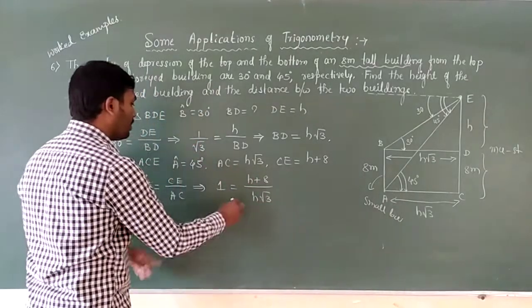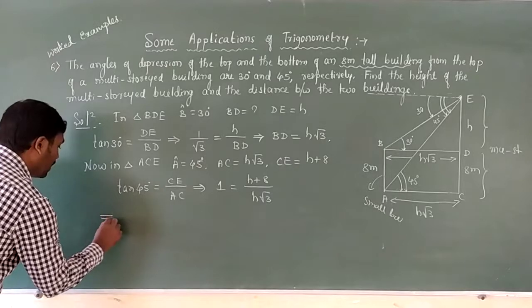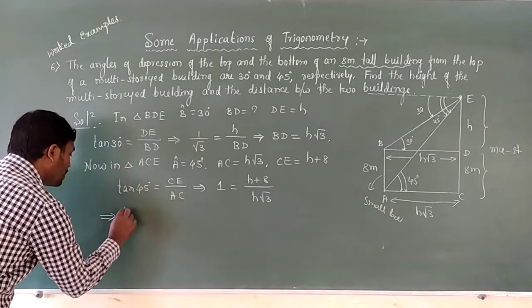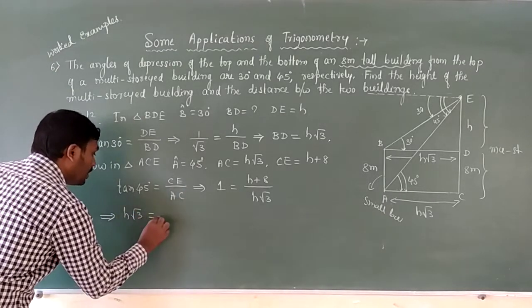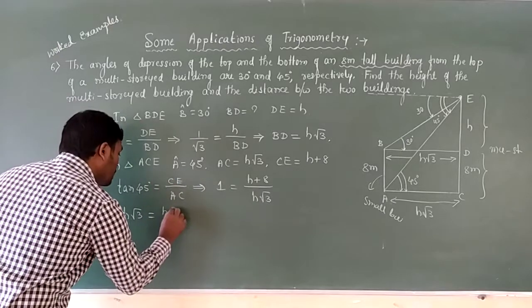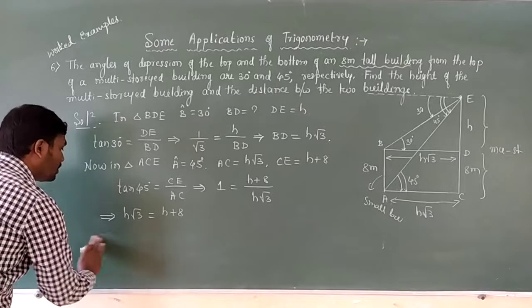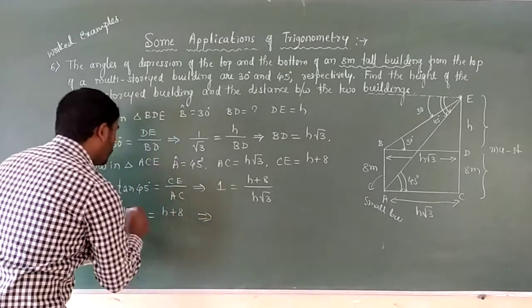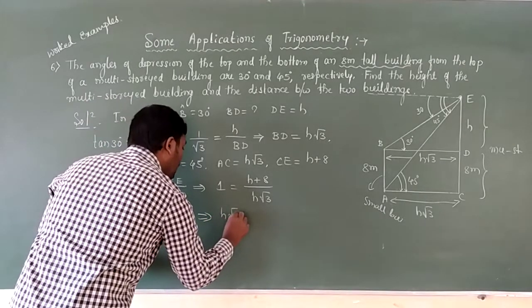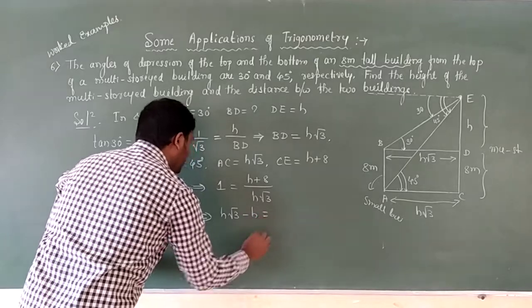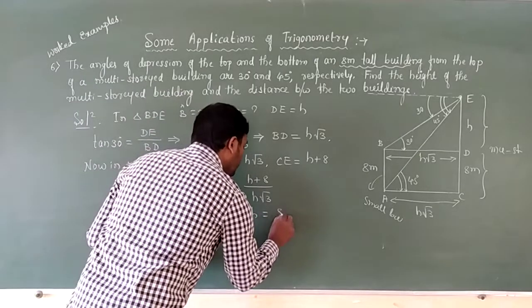Cross multiplying, H root 3 into 1 is H root 3, which is equal to H plus 8. Simplify it by taking H on one side: H root 3 minus H is equal to 8.